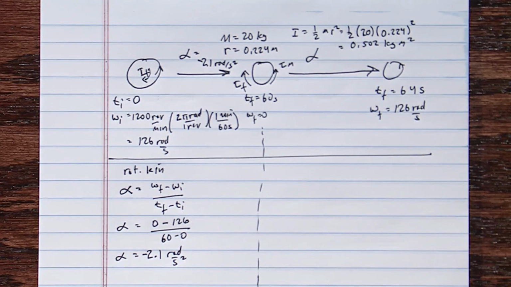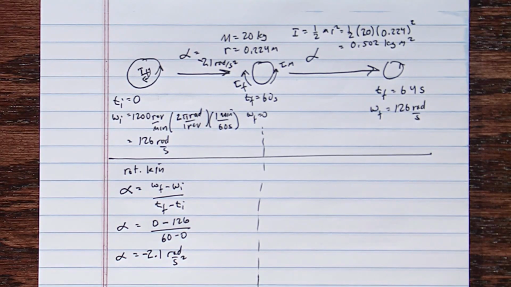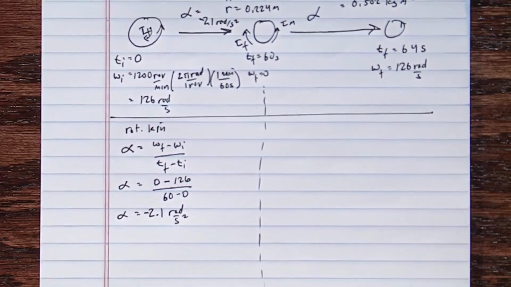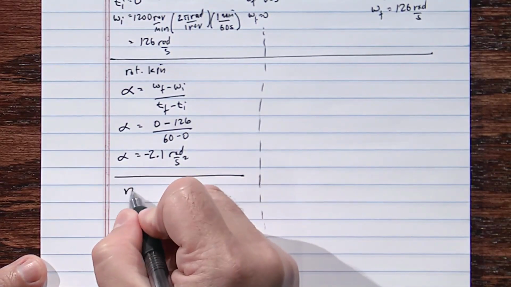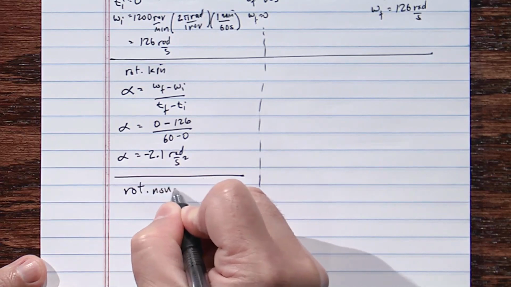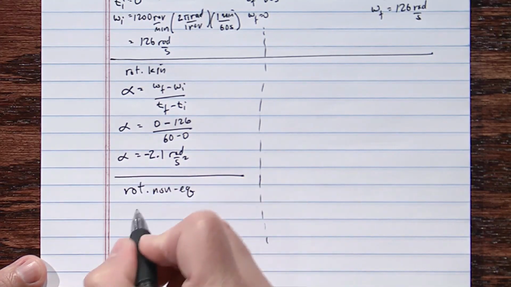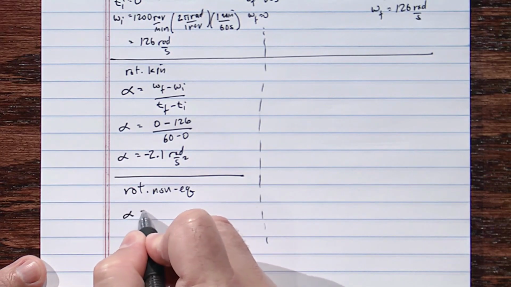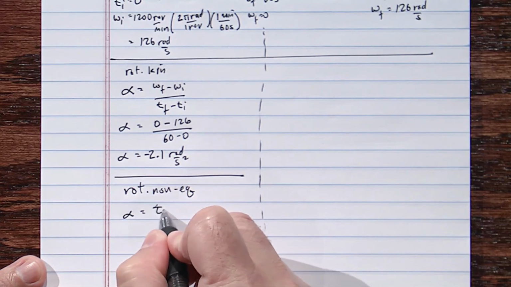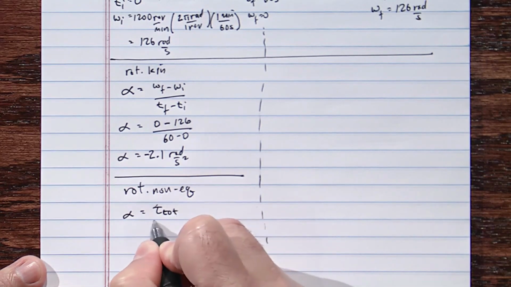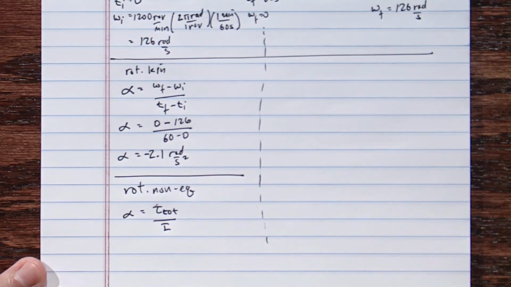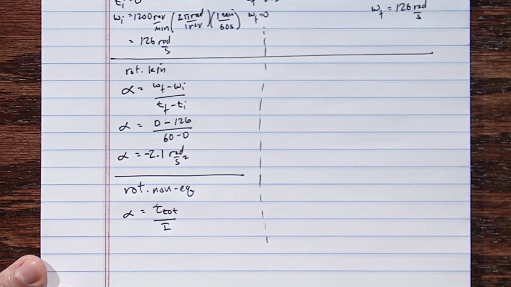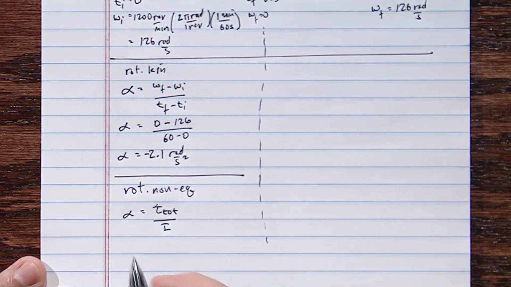Now that we know the angular acceleration, we can calculate the frictional torque using our rotational Newton's second law. So we have rotational non-equilibrium, and that tells us that the angular acceleration is equal to the total torque divided by the rotational inertia. As the wheel is slowing down, the only torque is the frictional torque.